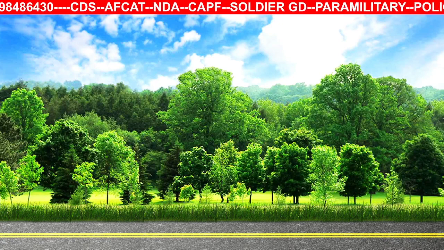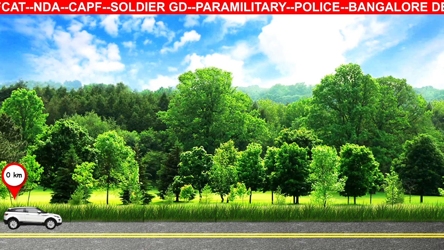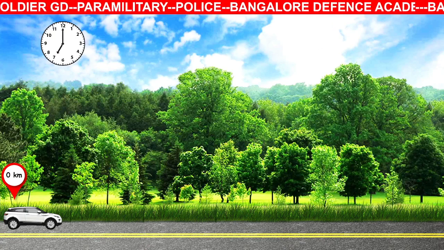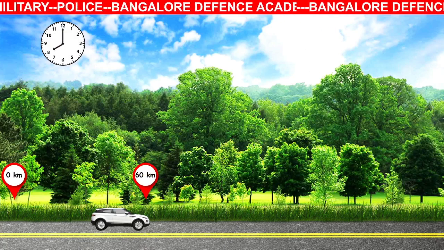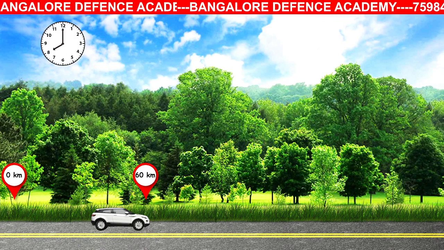Next, let us try to understand with another example. Suppose I am going to travel in my car to a certain place. I started my journey at 7 a.m. and traveled for 1 hour, that is till 8 a.m., and I reached 60 kilometers. So in 1 hour, I cover 60 kilometers.